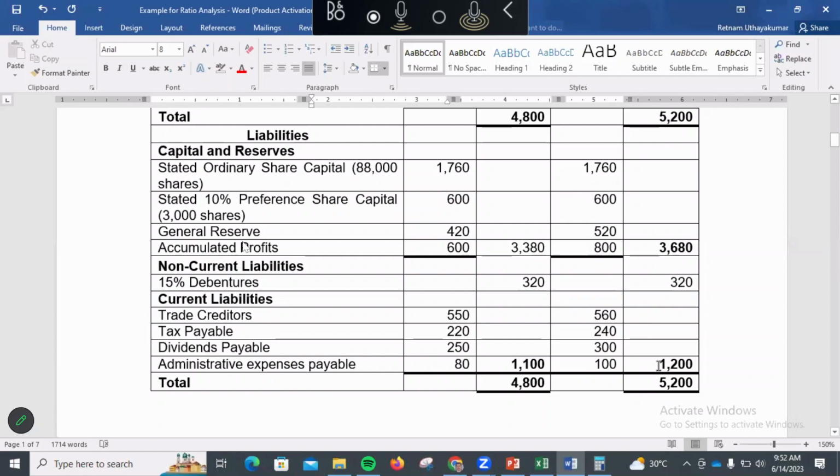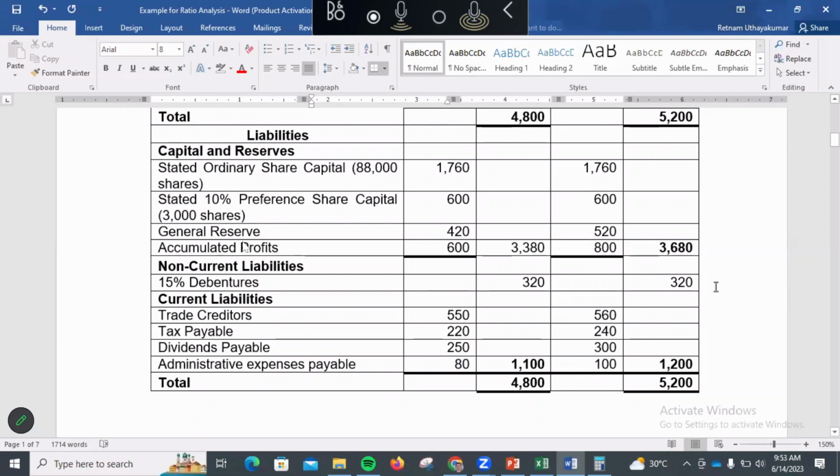So you can take 1,200 plus 320, 1,520. Still, you want to add one more item to debt capital, that is preference share capital, 600. So you take the 600 plus 320 and 1,200.